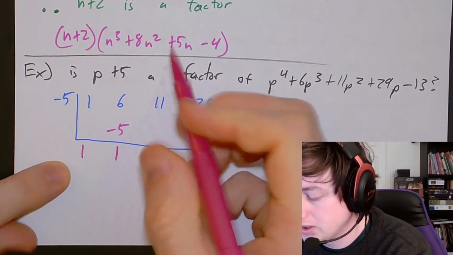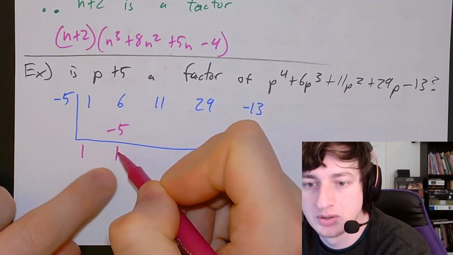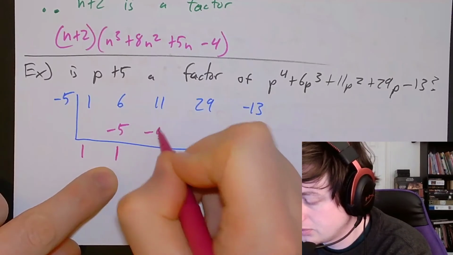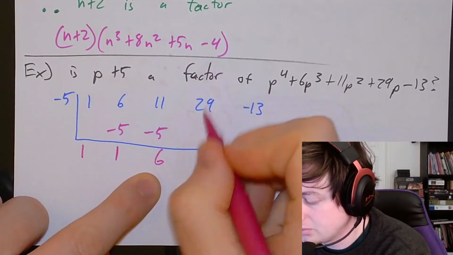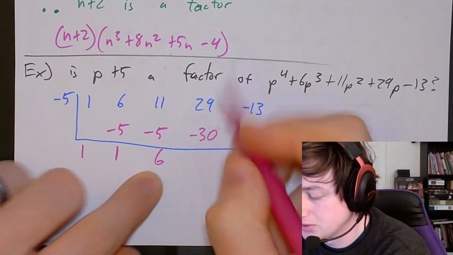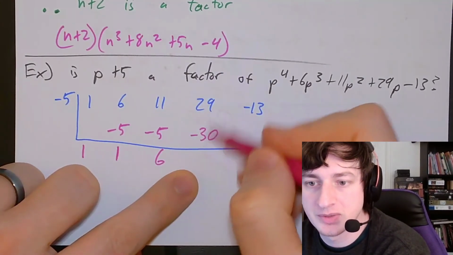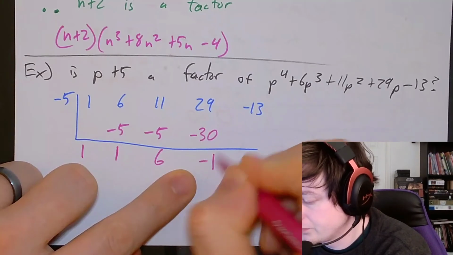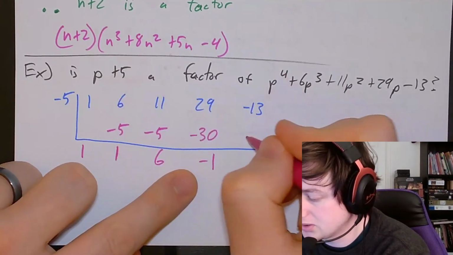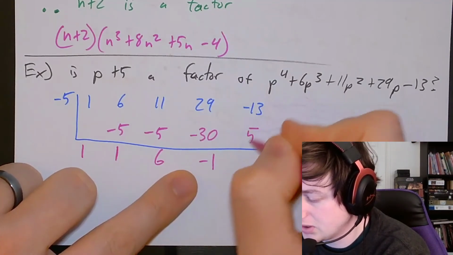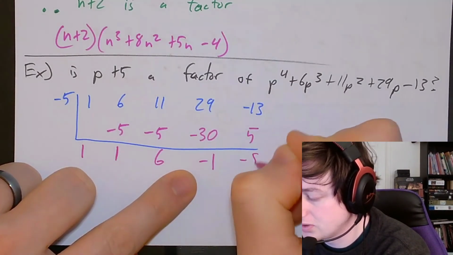Add, we get 1 again. 6 minus 5 is 1. Times -5. Add, we get 6. Multiply, we get -30. This makes a -1. 29 minus 30 makes a -1. Multiply, we get positive 5, and we're left with a negative 8.